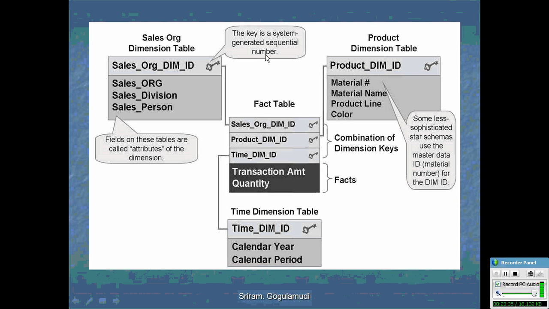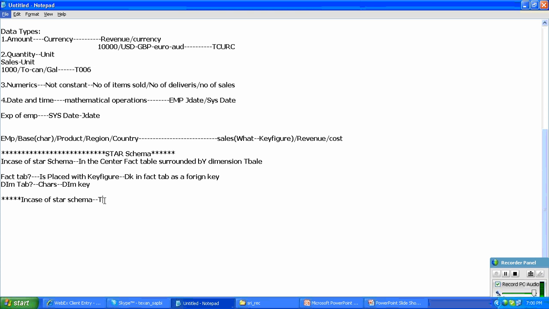Right. So now I'll go to the next one. In case of star schema, the master data is the very important point. The master data is inside the dimension table.